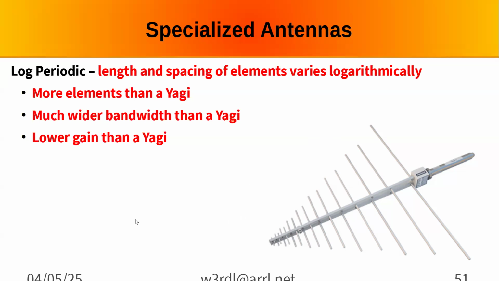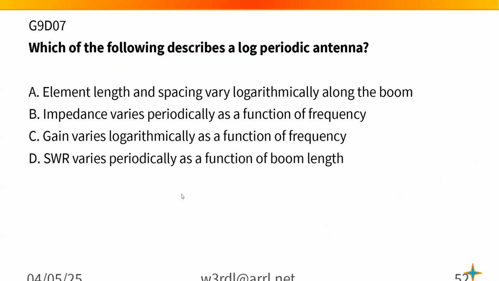They don't have as much gain as the Yagi, but it's a wider bandwidth than a Yagi. HF ones are heavyweight log periodics. They're gigantic. You know what I'm talking about. Which of the following describes a log periodic antenna?